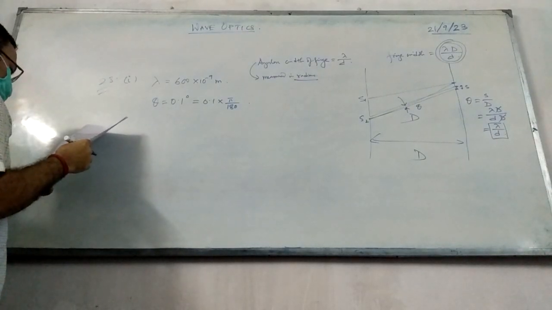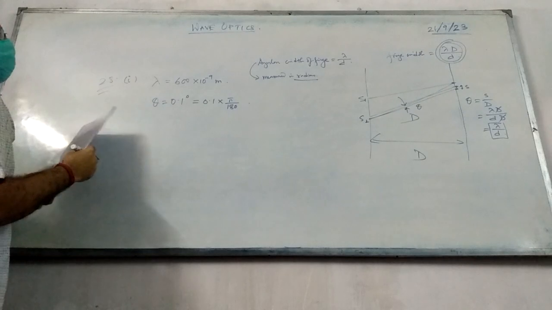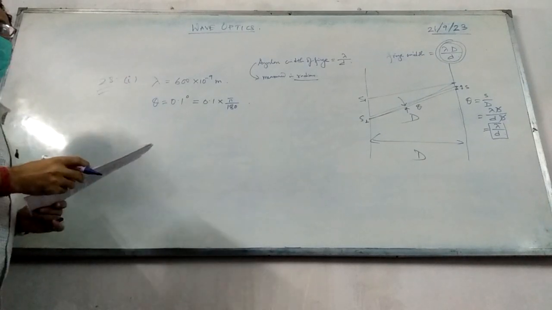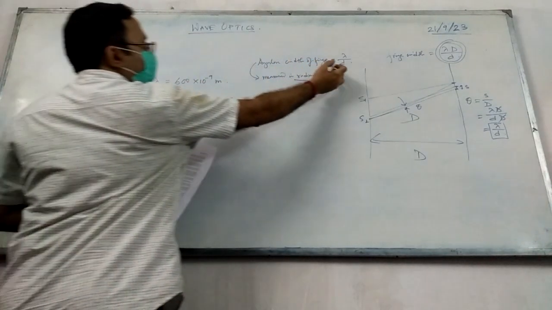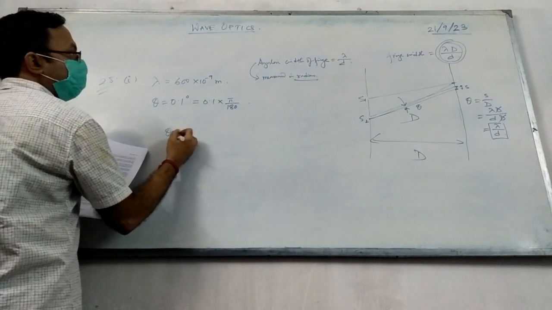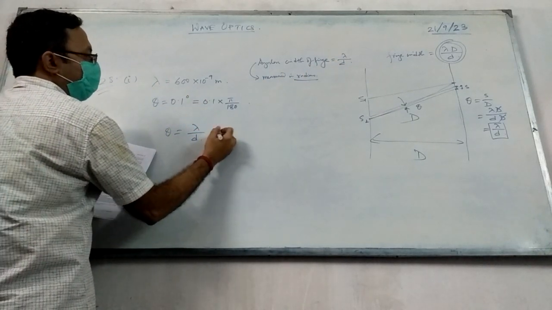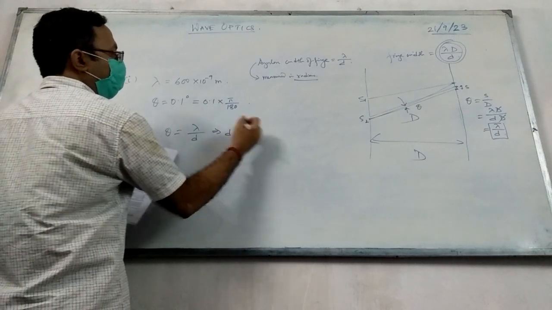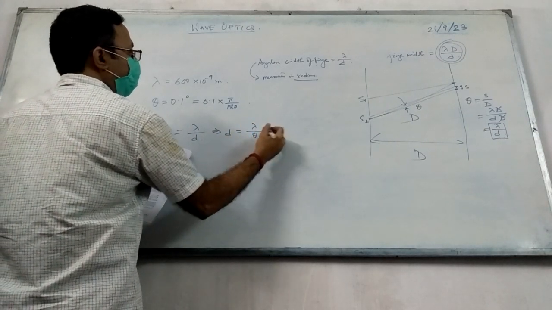And find the spacing between the two slits. So small d निकालने बोले हम लोग को. Spacing between the two slits means small d we need to find out. So theta is equal to lambda by d. That means you can write d equal to lambda by theta.